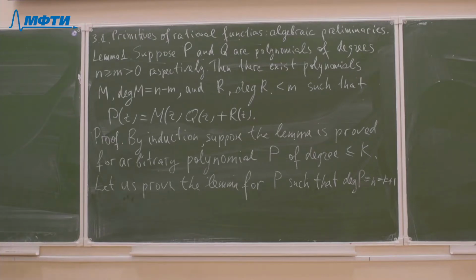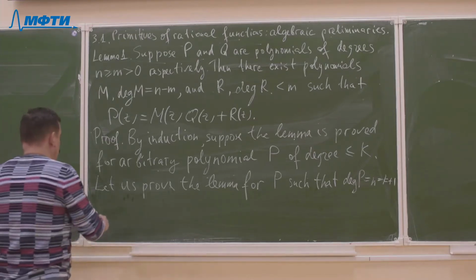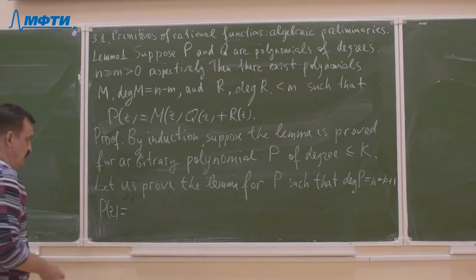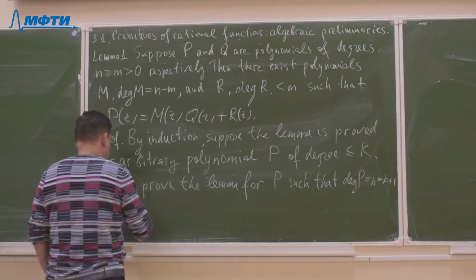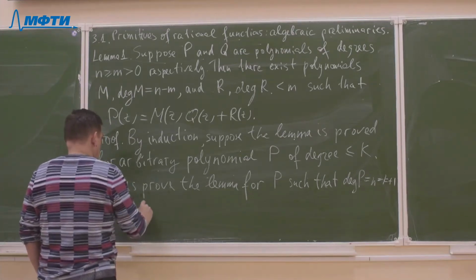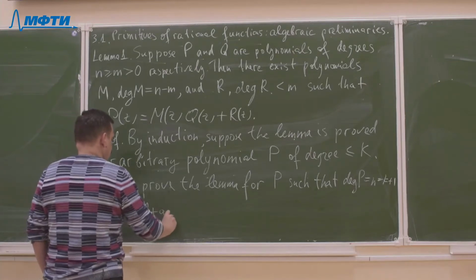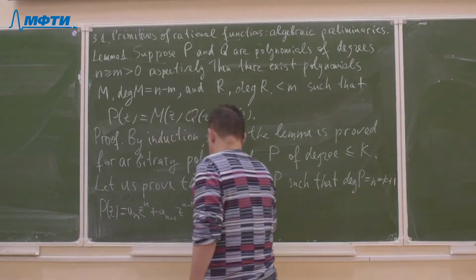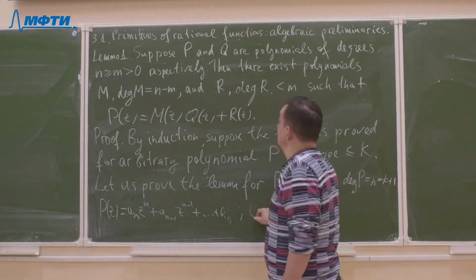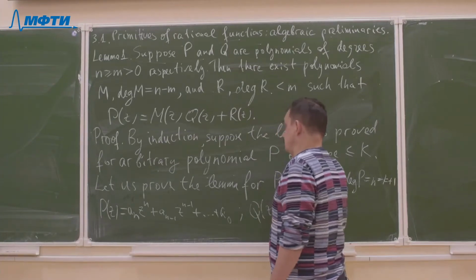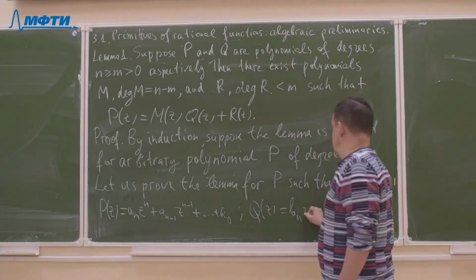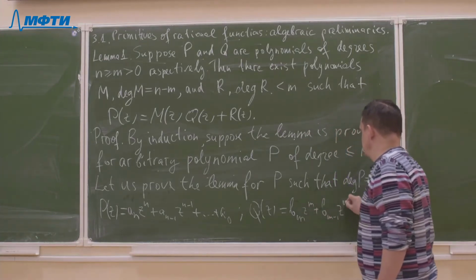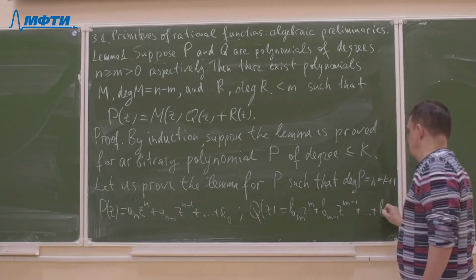Okay, so let's write P of z. Let's say it has degree n, so a n z power n plus a n minus 1 z n minus 1 plus so on plus a naught, and also Q of z is b m z power m plus b m minus 1 z m minus 1 plus so on plus b naught.